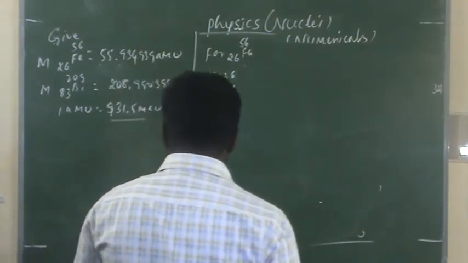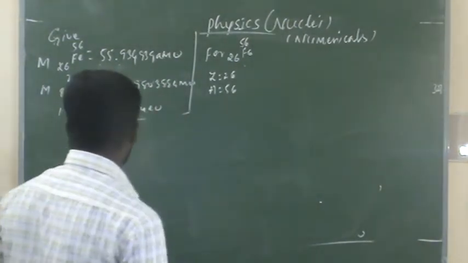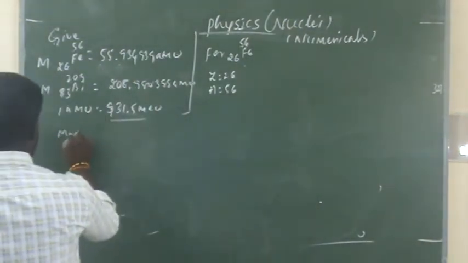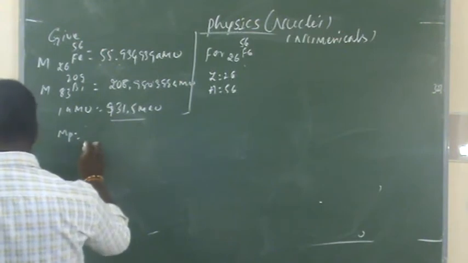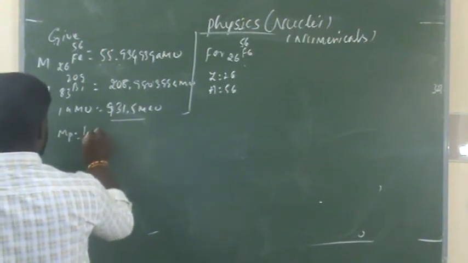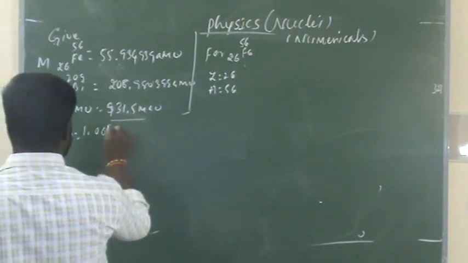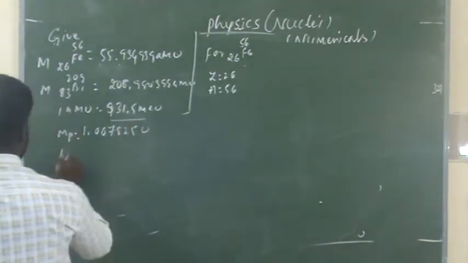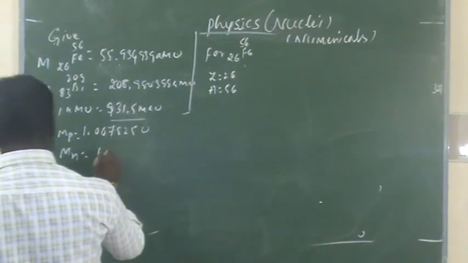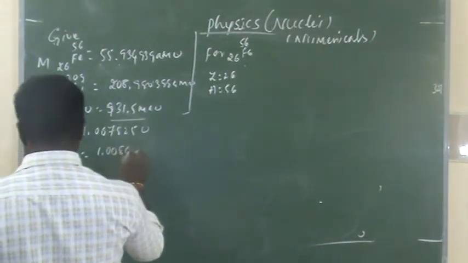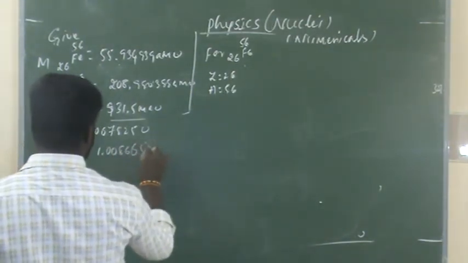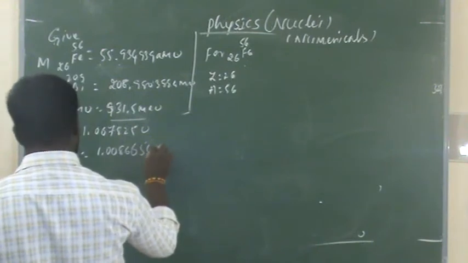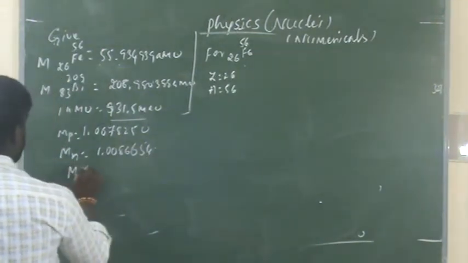We know the mass of the proton is 1.007825 units. The mass of the neutron is 1.008665 units.